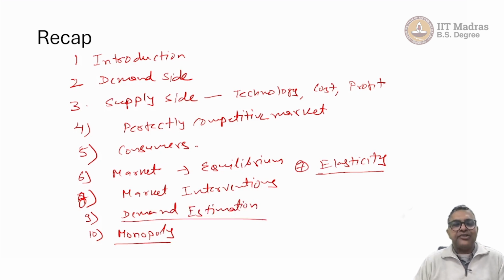Because as a manager, if you want to price your product, as we have seen, the demand side story is very, very important. Supply side, as a supplier you would understand what your costs are, but demand side you need to understand so that you price your product in a better way. So this week we are going to begin with our demand estimation.